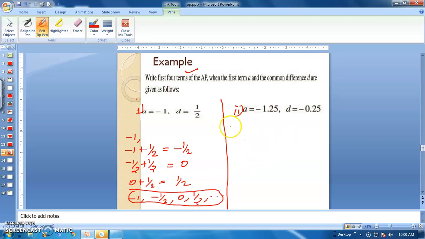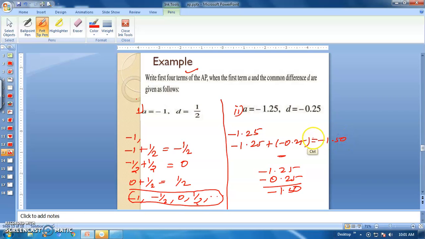Similarly here also, a is minus 1.25. This is the first term, and how can we obtain the second term? Minus 1.25 plus minus 0.25. You can add that common difference with this. If you add, minus 1.25 and minus 0.25 equals minus 1.50.